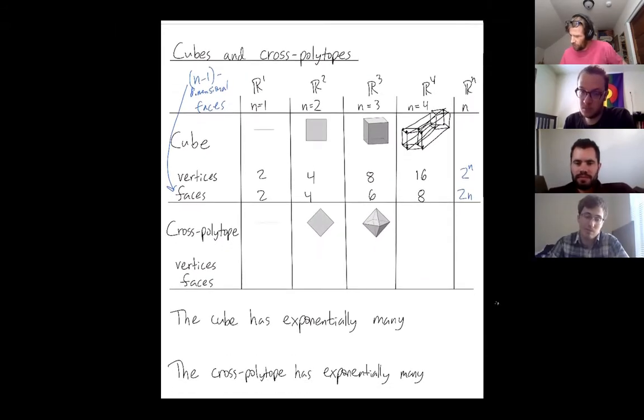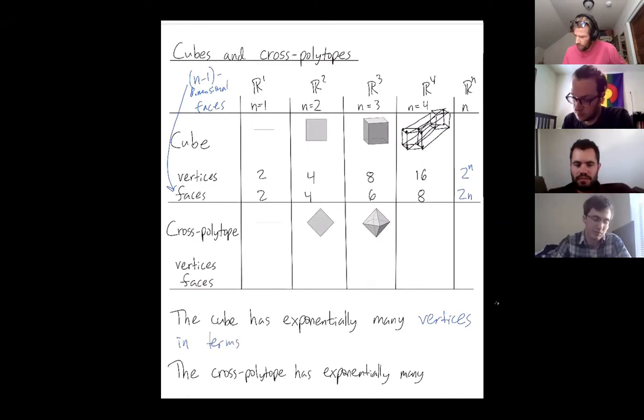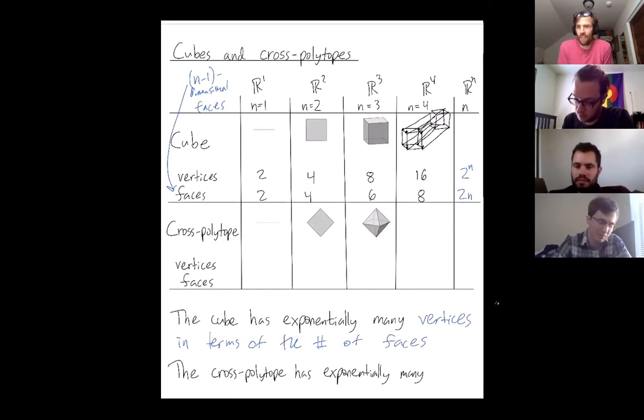And so the cube has exponentially many vertices in terms of the number of faces. So you can have exponentially many vertices in terms of your number of faces. So this is telling you that if I give you an arbitrary polytope and it has some number of faces, some number of constraints, you might have exponentially many more vertices, right?